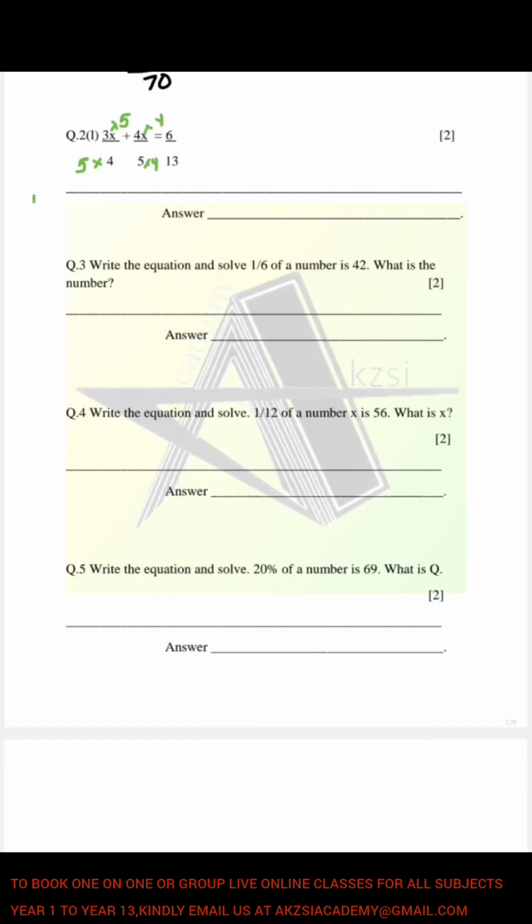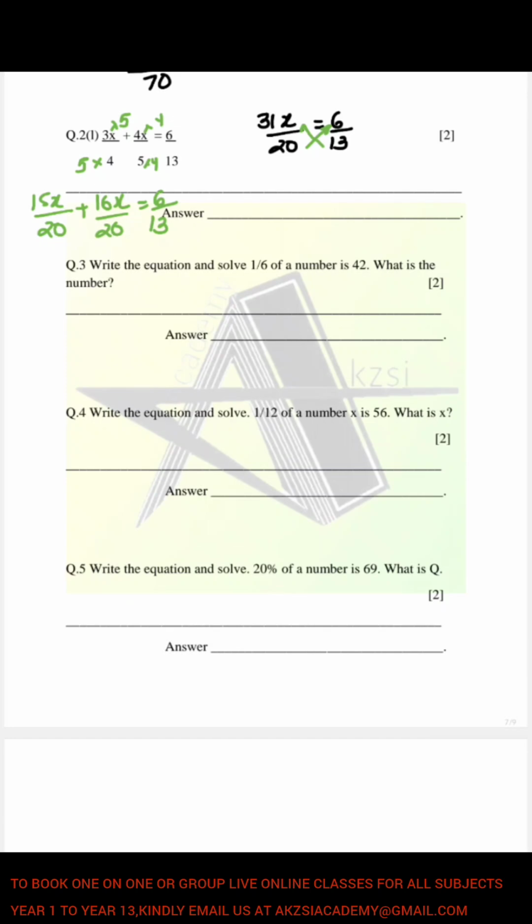So I need to multiply this with 5 and this with 4. So this will be 15x over 20 plus 16x over 20 equals 6 over 13. Adding it up, I will get 31x over 20 equals 6 over 13. If you have fractions on both sides, do cross multiplication like this.